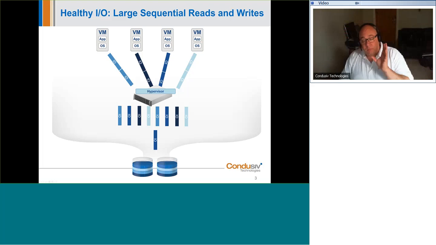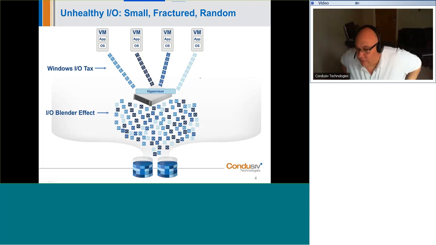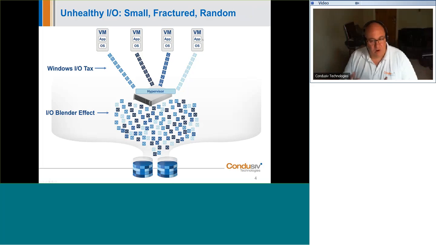Now, when you're running Windows in these virtual machines, this is not, unfortunately, what you're typically going to get. What you'll get is actually going to look more like this. So what's happening here, and why is this less efficient? What's happening here is the NTFS file systems that you have mounted in these virtual machines, so your C drive, your D drive, your E drive that you've got mounted in there as volumes.